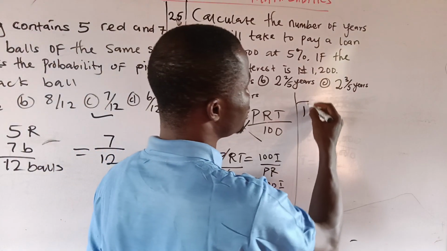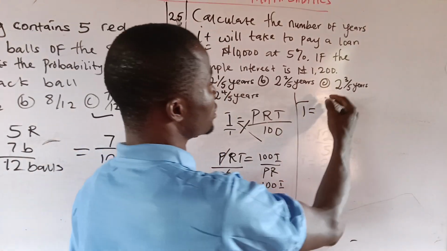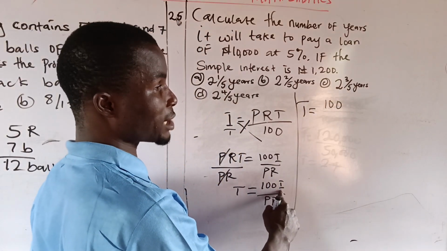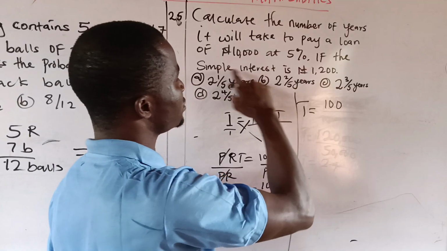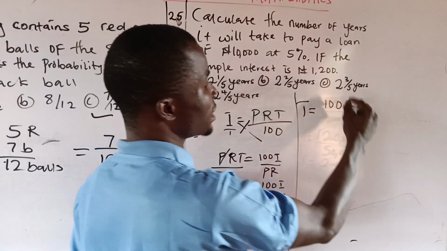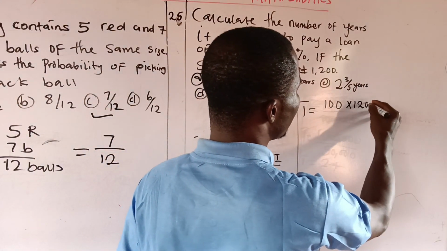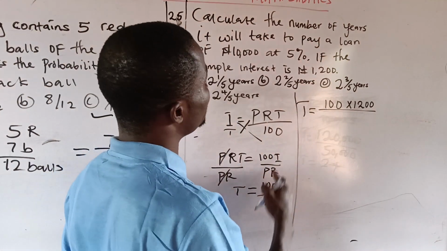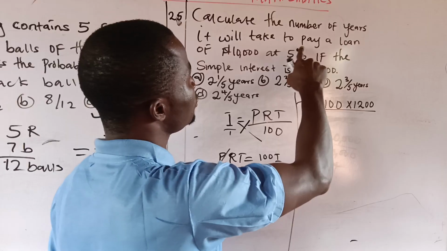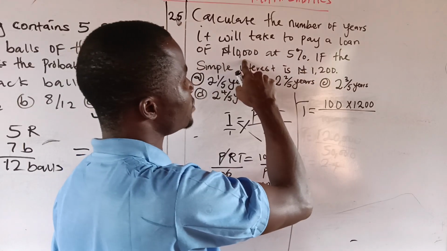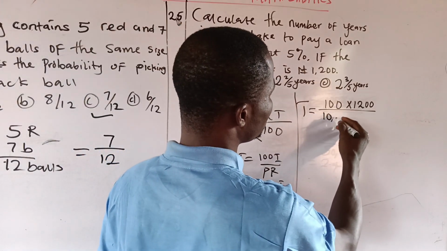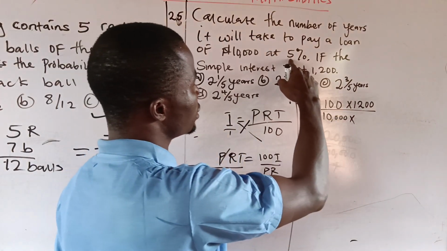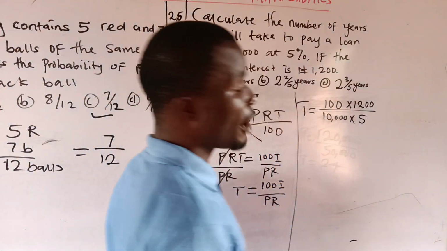So having gotten this, we are going to substitute all the figures in this formula. Our T, which they asked us to look for, the number of years, is equal to 100 times what? The simple interest that was given is 1,200. Divided by the principal, which is 10,000 naira, times the rate, which is 5.